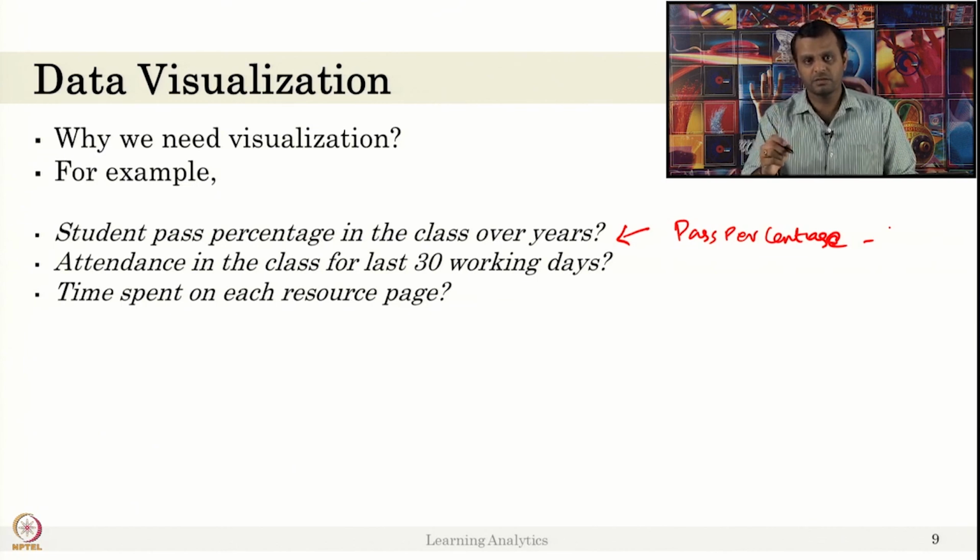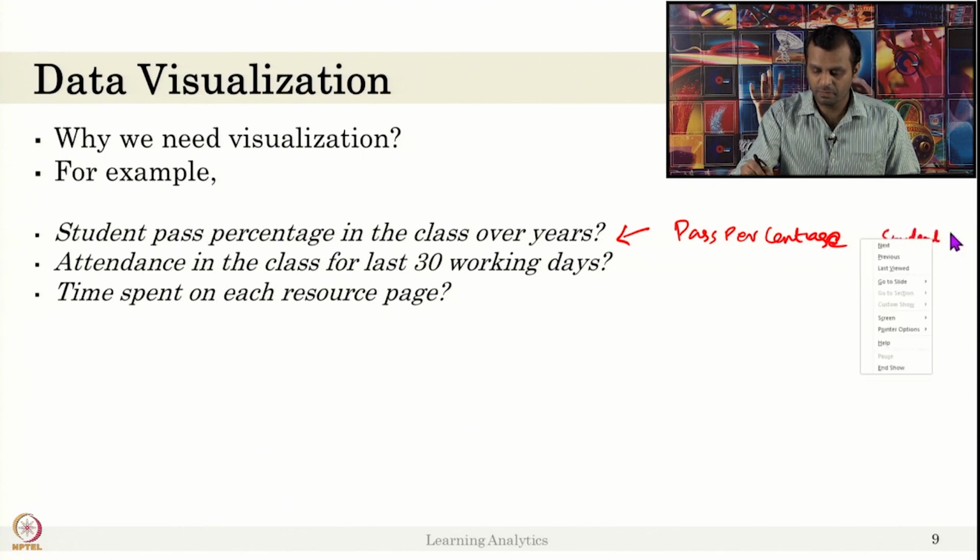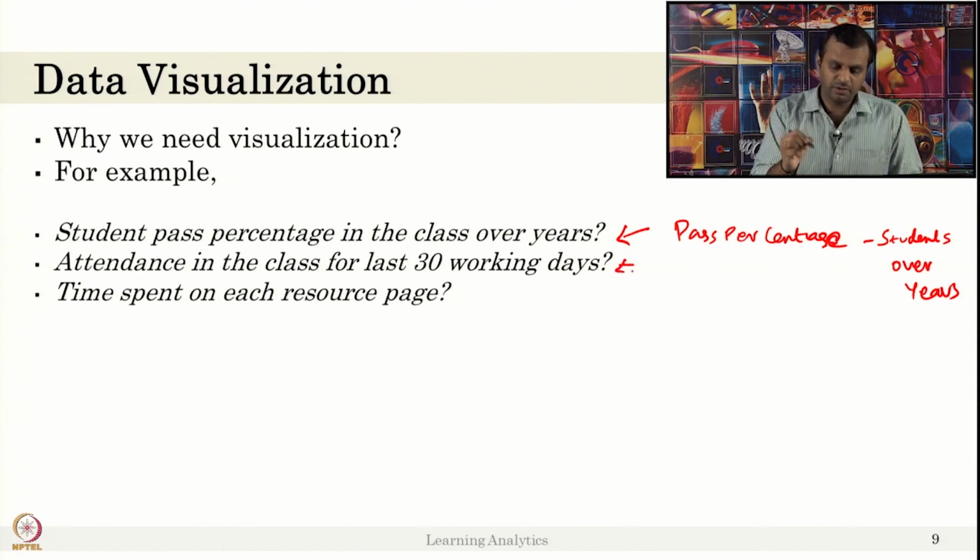So, we are considering students over years, so n will be more. In this it boils down to a particular class, say your class has 50 students, you have 50 students' data over 30 days. So, one class, so n can be less compared to this.